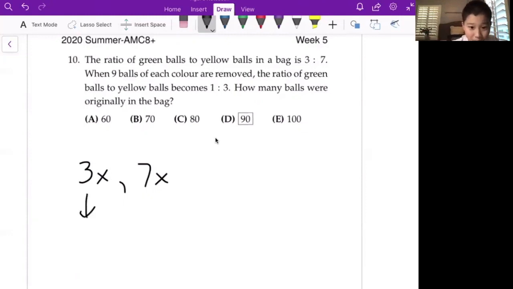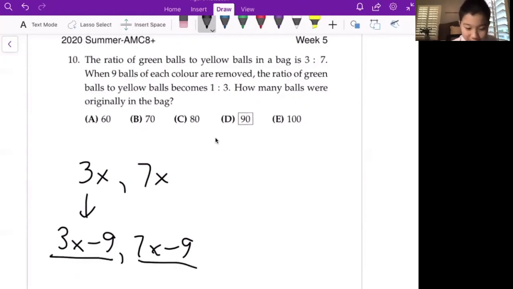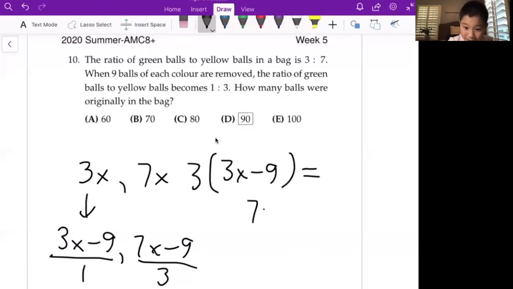When 9 are removed, it becomes 3x minus 9 and 7x minus 9. And what is the ratio between those two? It says 1 to 3.